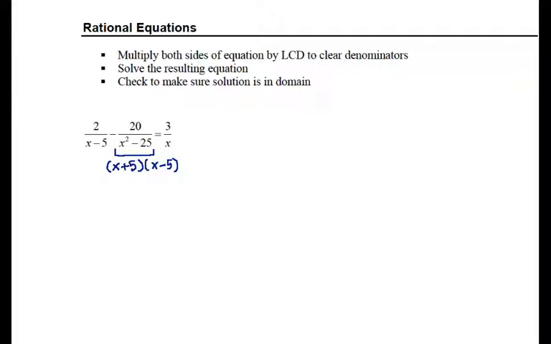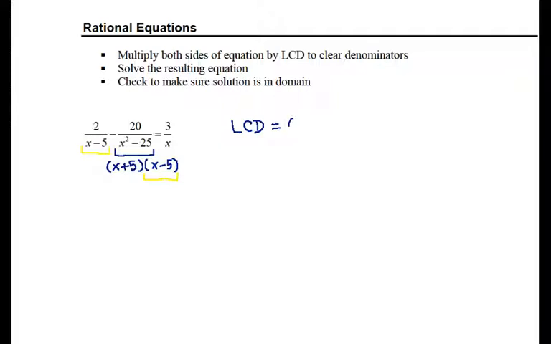Now the process of finding the LCD is looking at all the factors that show up in denominators and making sure that they're all included once. If there were a squared factor in a denominator, we would need to include the squared version of it. But if a factor like this x minus 5, for example, appears twice in different denominators, we still only include it once in the LCD.